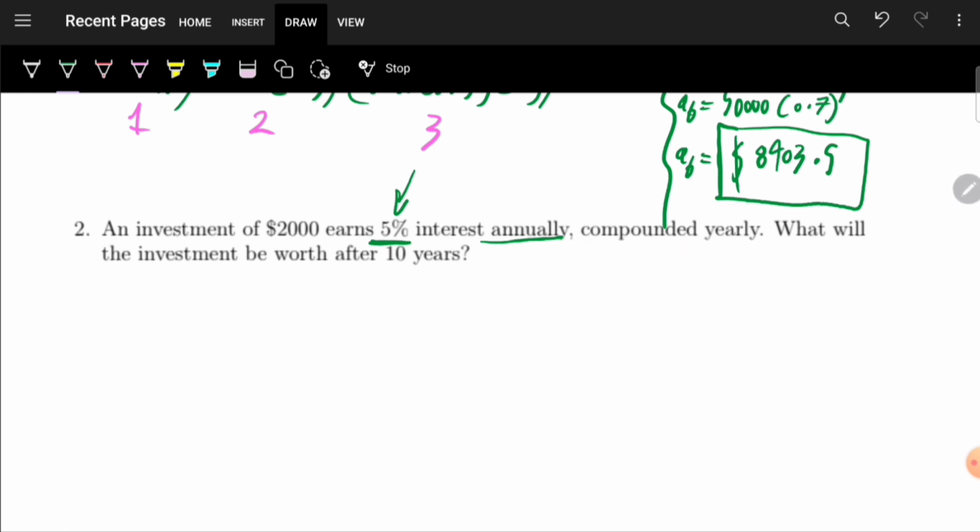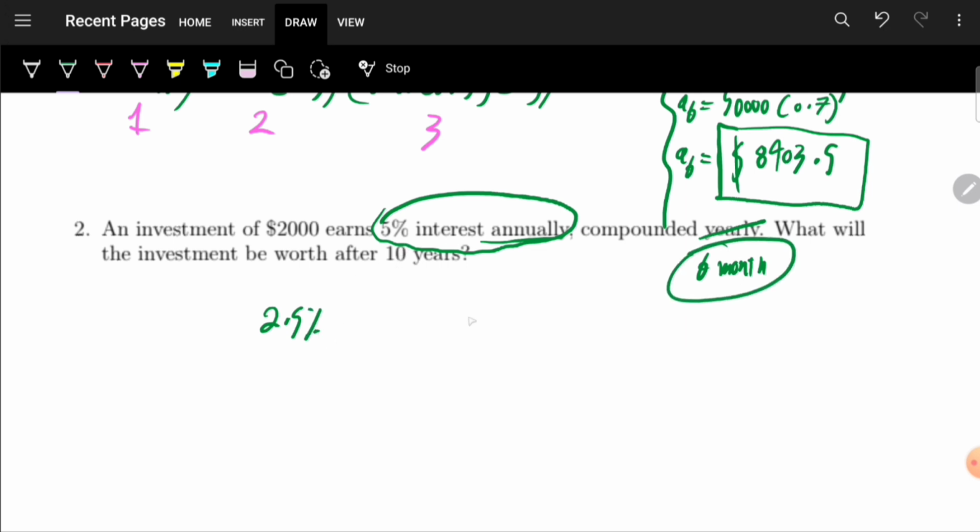If we were instead getting 5% interest annually, compounded twice per year, or every 6 months, that would mean that we get 2.5% interest after 6 months, and we get another 2.5% of interest after another 6 months.